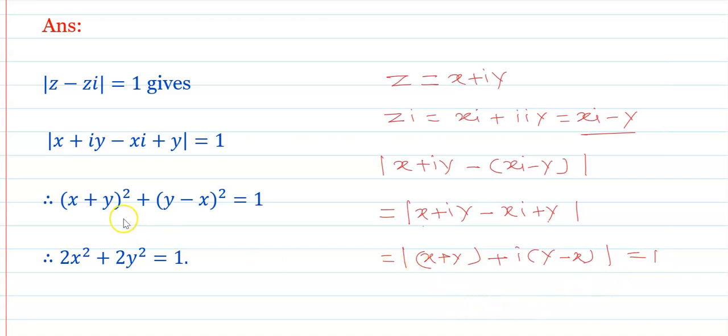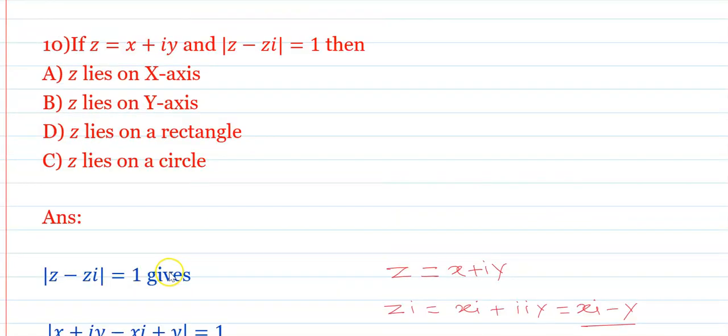And hence x plus y bracket square plus y minus x bracket square is equals to 1. Evaluate this. x square plus y square plus 2xy plus y square plus x square minus 2xy. Minus 2xy दोघांचे काय होतील तर कट होतील. आणि काय ऍड होणार? x square plus x square 2x square. y square plus y square 2y square. Middle term will get cancelled. And hence you will get this 2x square plus 2y square is equals to 1.